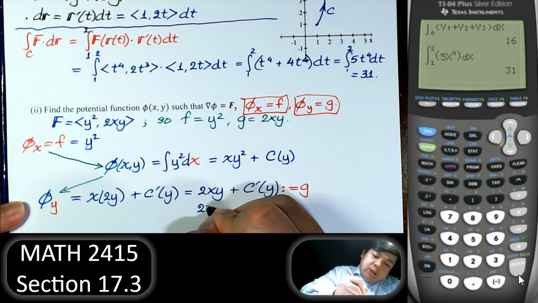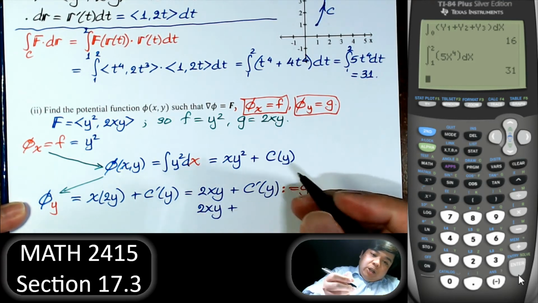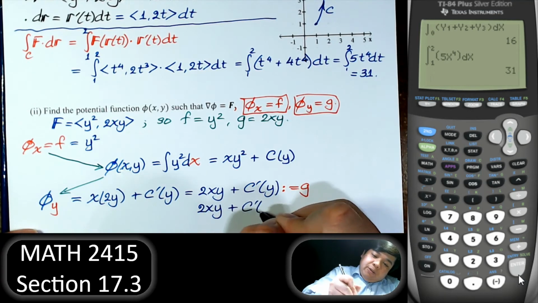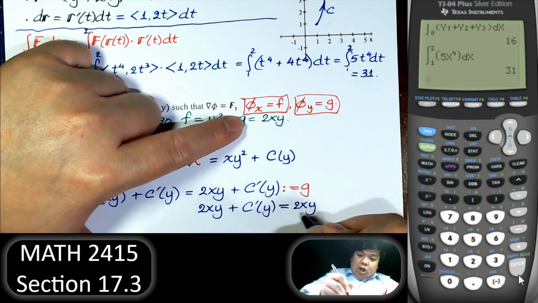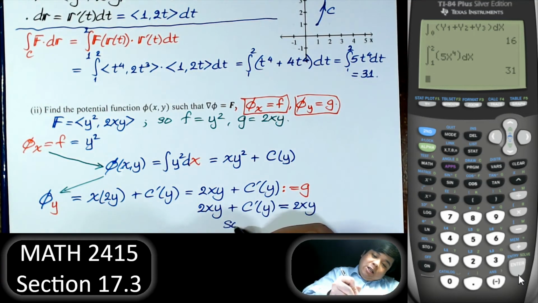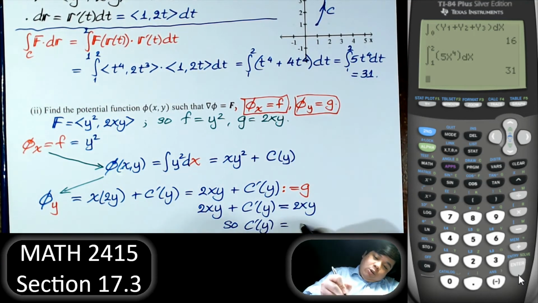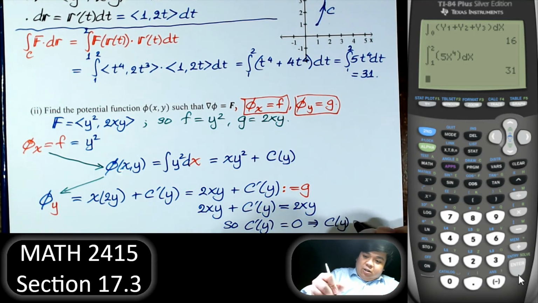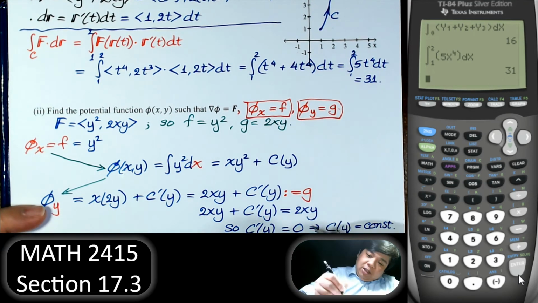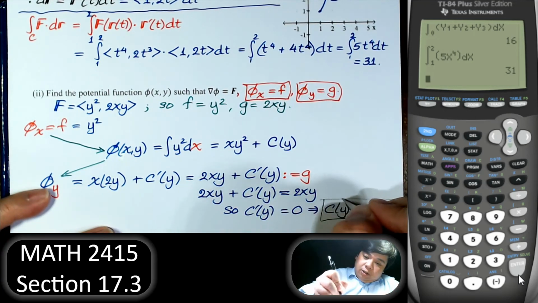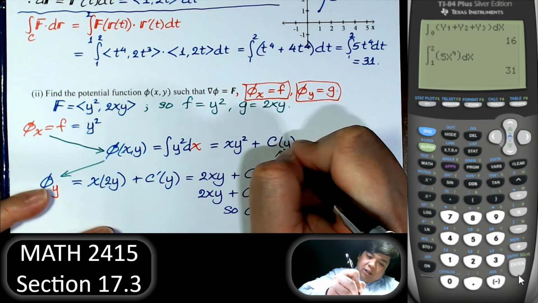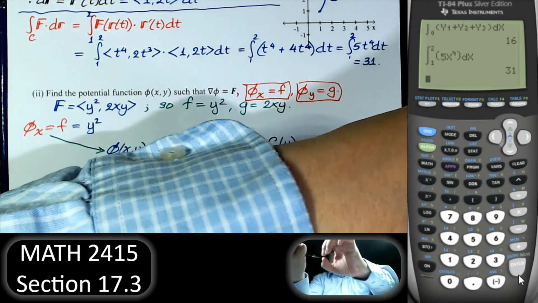So 2xy plus c prime equal to g, which is 2xy. 2xy cancel out, so c prime of y equal to 0. So c of y must be a constant. Now if it is a constant, substitute that back for c of y, and we will have the potential function.